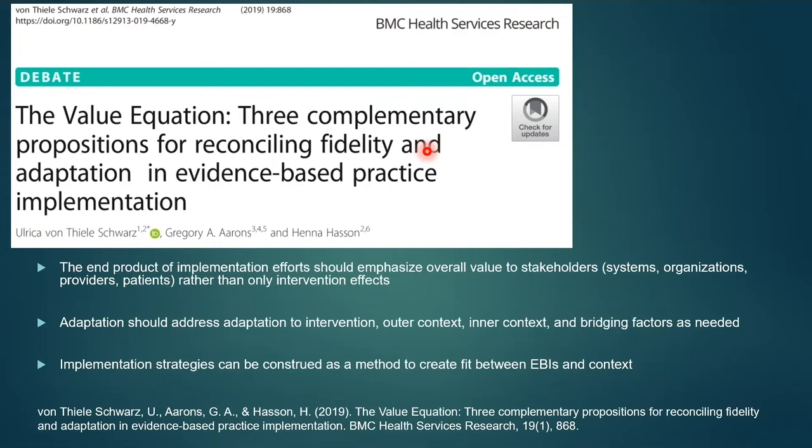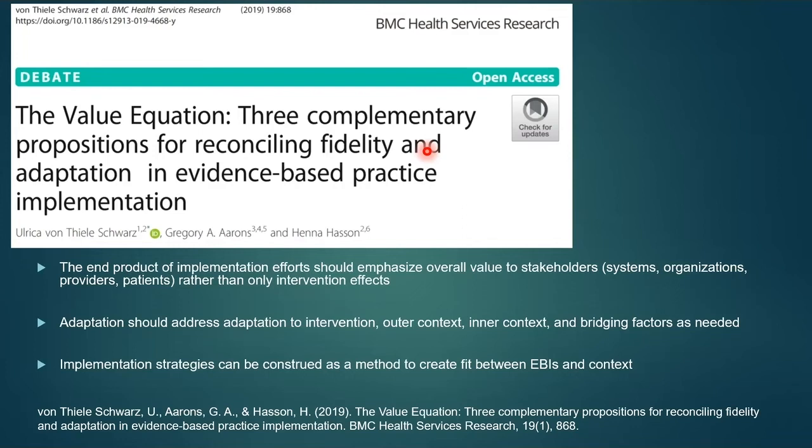And this is where we have the tension in implementation science between what's called fidelity and adaptation. Fidelity is one of the important implementation outcomes, say in the Proctor model, which you may have heard of in other synchronous or asynchronous sessions in this series, but it has to do with following the protocol.